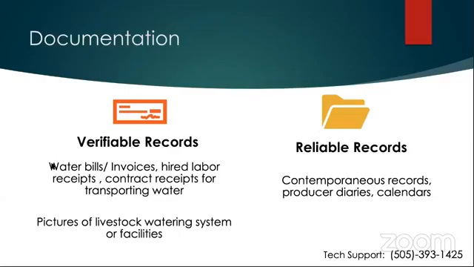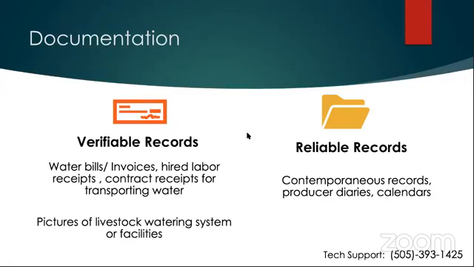So the documentation: what am I going to request from you when you are applying for this program? If you hired out or had to pay for water, we will need a copy of those bills or invoices, or if you had to hire somebody to haul the water for you, we will need a copy of those receipts.